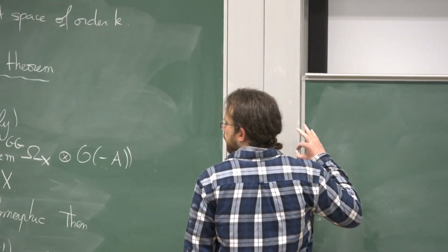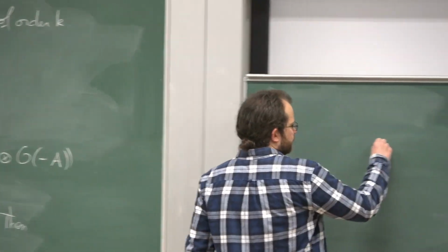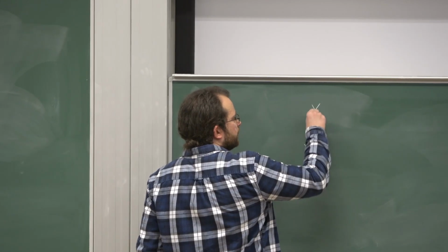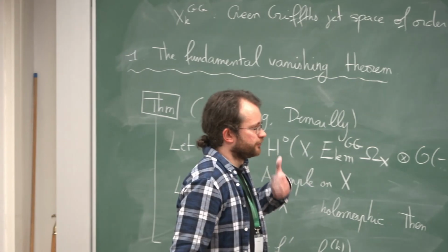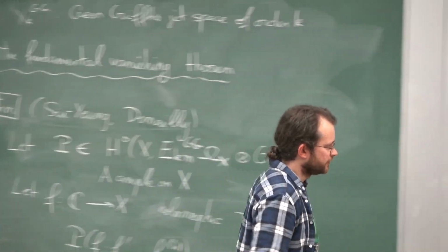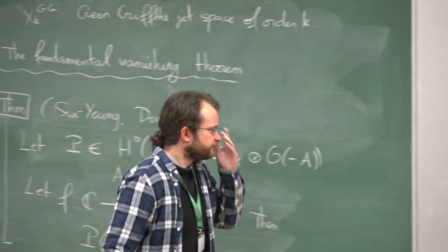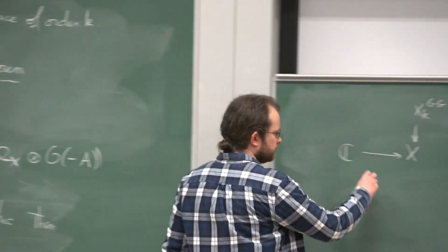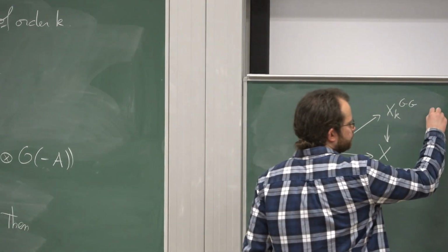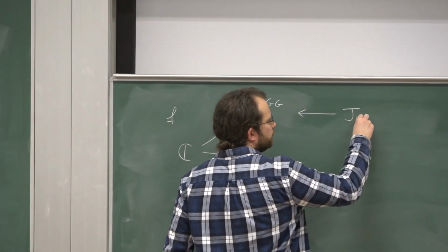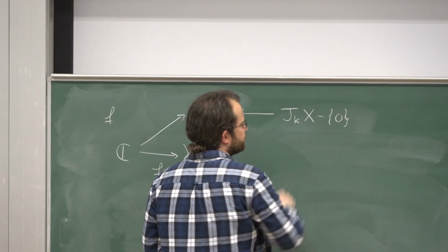Okay, so I want to rephrase this theorem in a slightly different way. So pick X and the Green-Griffiths jet space that lives above it, and assume that you have an entire curve. So what you can do is to lift this map. You see that this is actually a quotient of J_k minus 0.